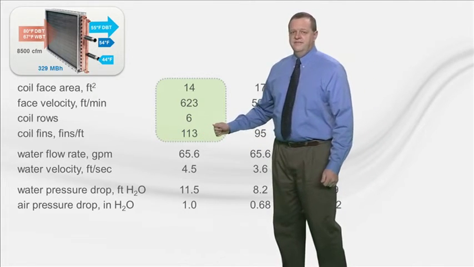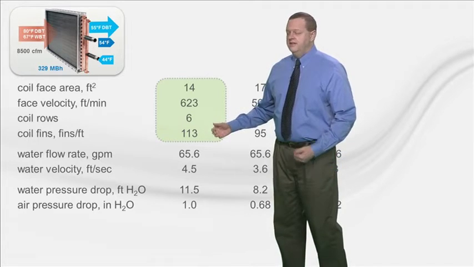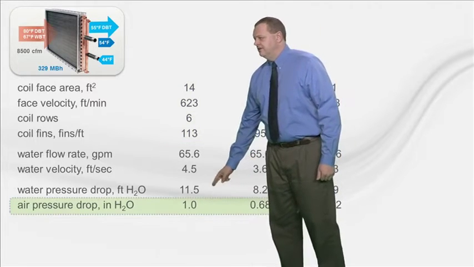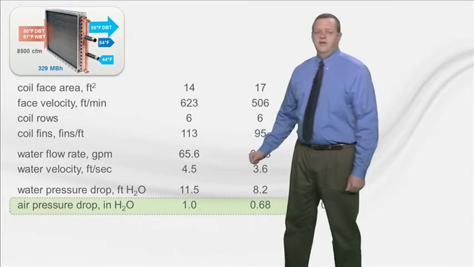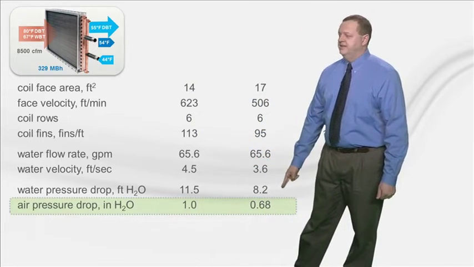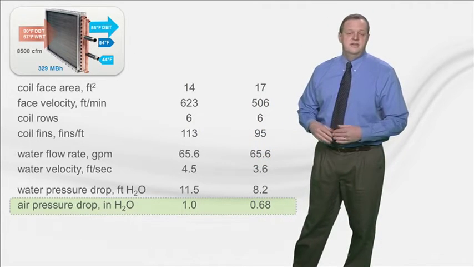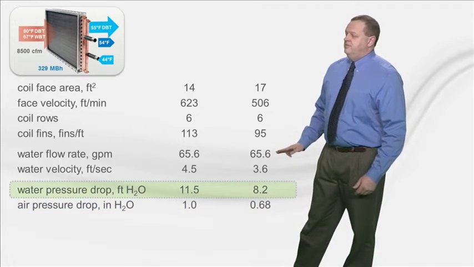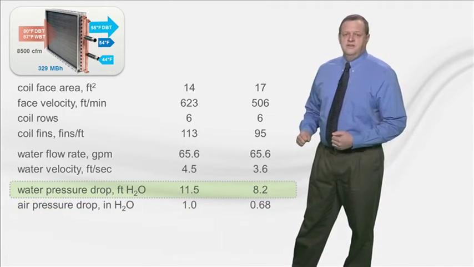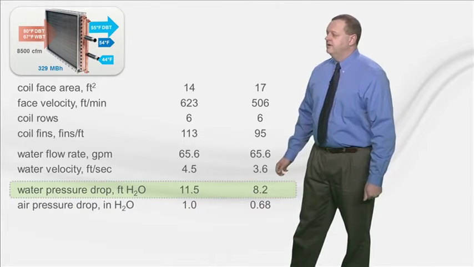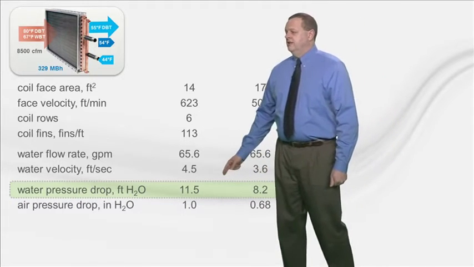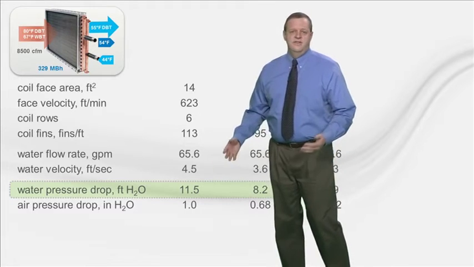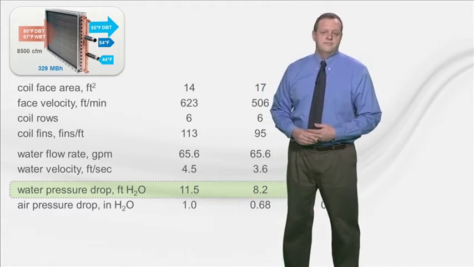Due to the higher face velocity and more fins, the air pressure drop increases to 1 inch in the smaller unit compared to 0.68 in the size 17 unit. This, of course, impacts fan energy. In pumping this same GPM through a smaller coil does increase the water pressure drop from 8.2 to 11.5 feet. And of course, that impacts pump energy.